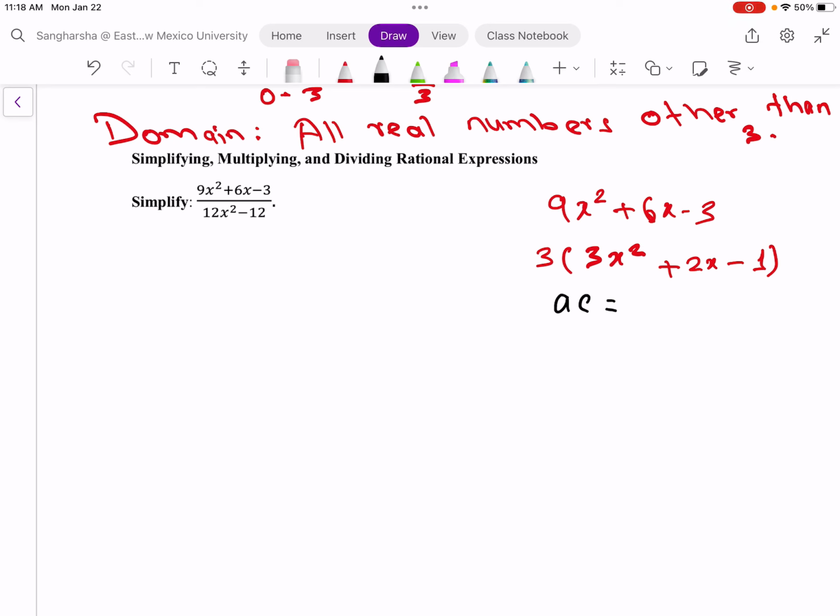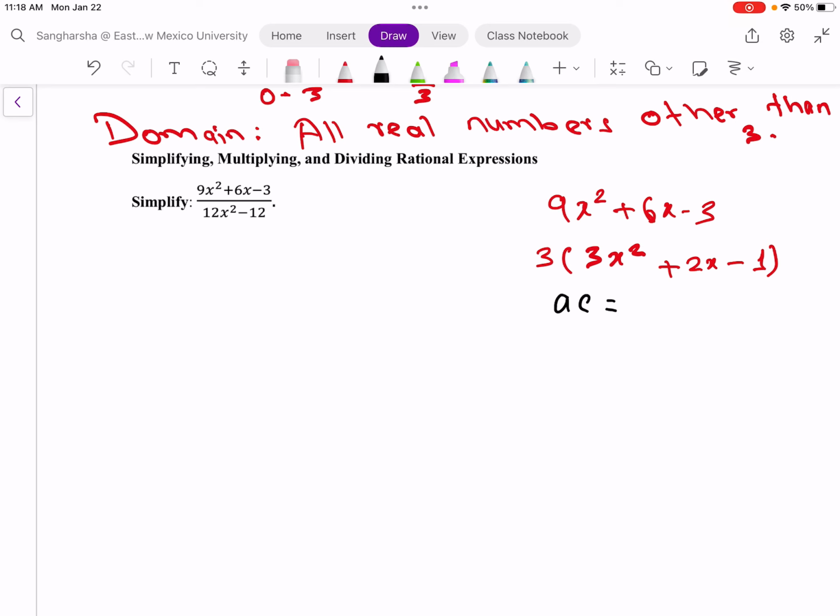Michael, is Michael here? In this, what is A and what is C? Can you tell me what A equals and what C equals? A is the coefficient of the square term.